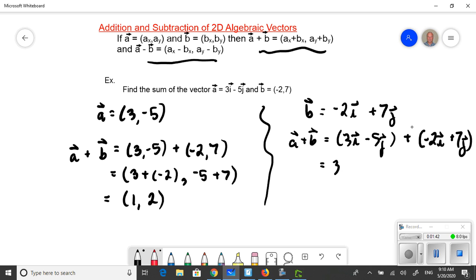Then just collect like terms. Either way is fine. We should be comfortable either way of doing this. You know how to go back and forth between both methods, with vector components or with unit vector expressions here.